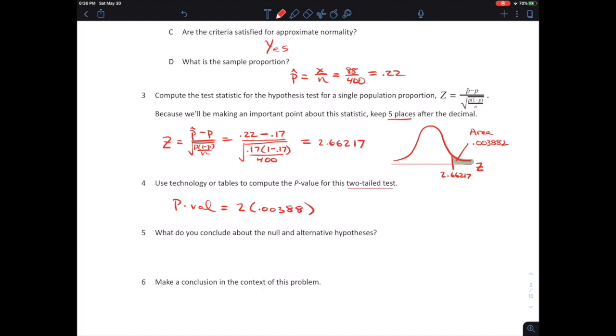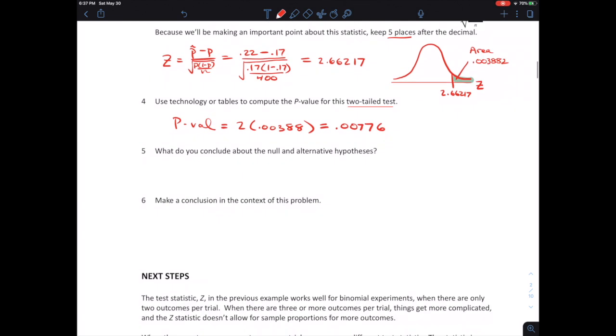I'm just going to go with the 0.00388, double it, and so that comes out to be 0.00776. Okay? And it says, what do you conclude about the null and alternative hypotheses?